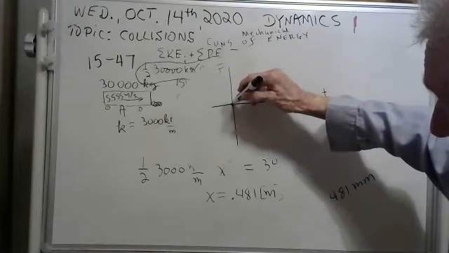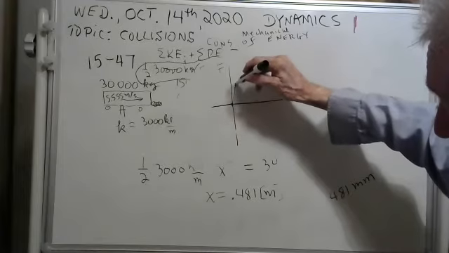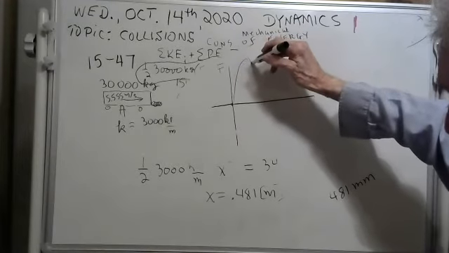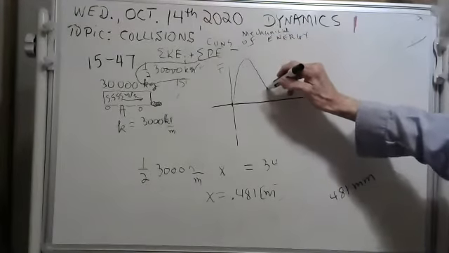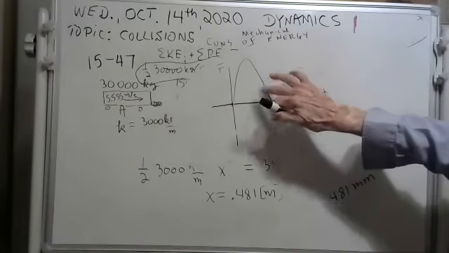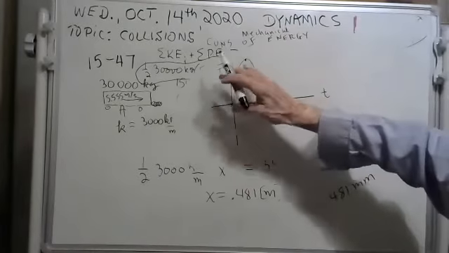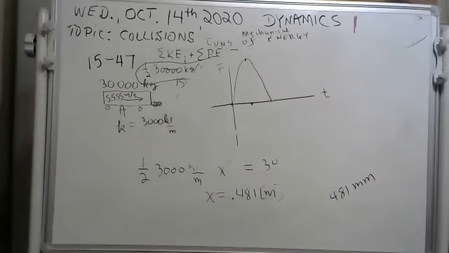So it starts off at zero force, it builds up quickly to a maximum, and then it comes back down to zero force. See, right here, that's when the collision is at its peak.